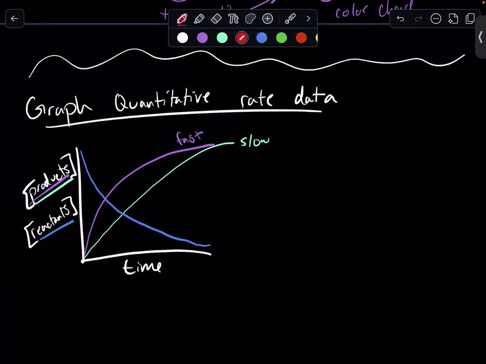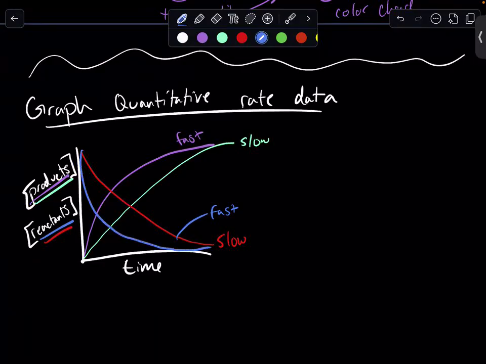We're going to have inverse graphs, and we'll also do a slower reaction. So here our red is our slower reaction and our blue is our fast reaction. It's not so fast. I'm going to redo our blue one just to really speed it up. One more time just to get it right.